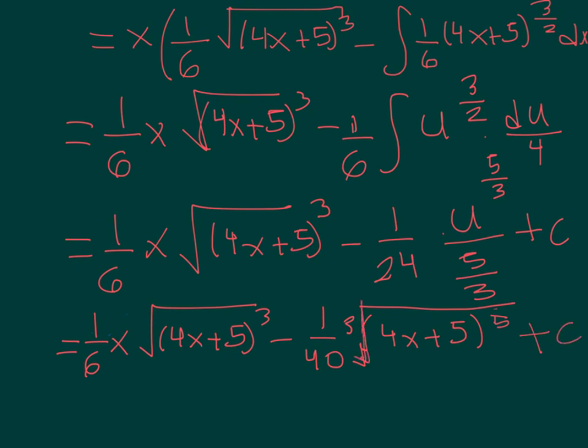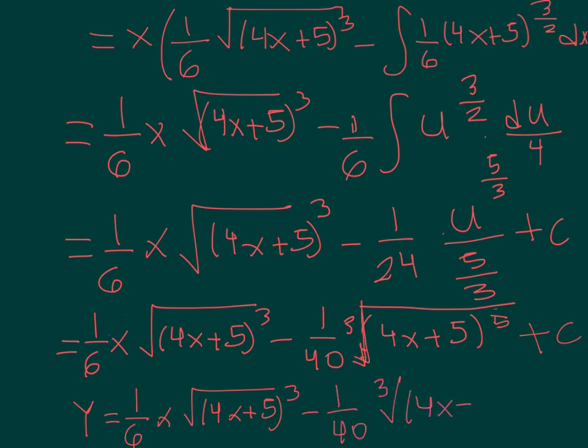And I'm sorry, this is a square root. And that will be your y. y is equal to 1/6 of x times the square root of 4x plus 5 cubed minus 1 over 40 times the square root of 4x plus 5 to the 5 plus c.